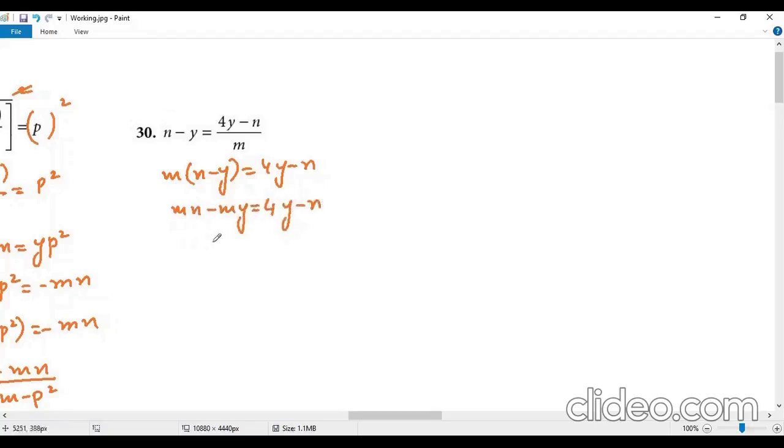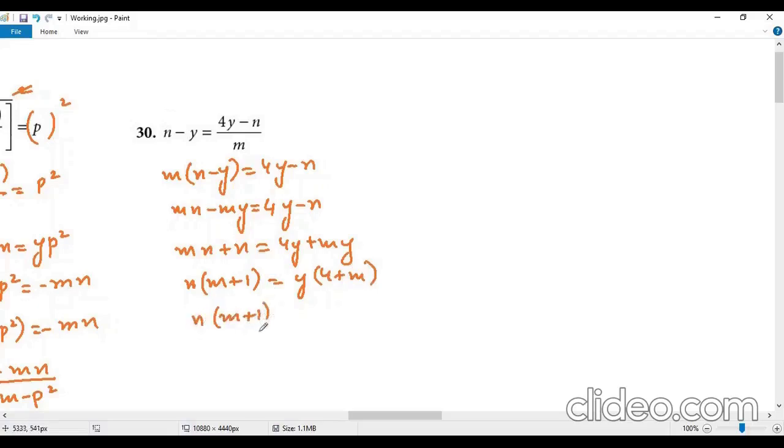That means mn plus n will come from the other side, and 4y plus my. So n is common, m plus 1 in the bracket, and here y is common, and 4 plus m in the bracket. So m plus 1 over 4 plus m equals y.